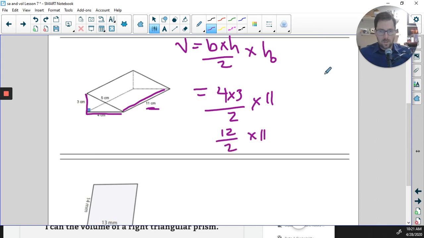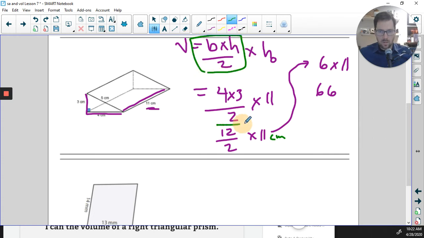Oh, I ran out of space. I'm just going to move it up here. So 12 divided by 2 is 6 times 11. Now that's going to equal 66. Now I haven't put in the units as we've gone, but we remember this is centimeters. And this whole thing is our area, right? And so this has been centimeters, centimeters.